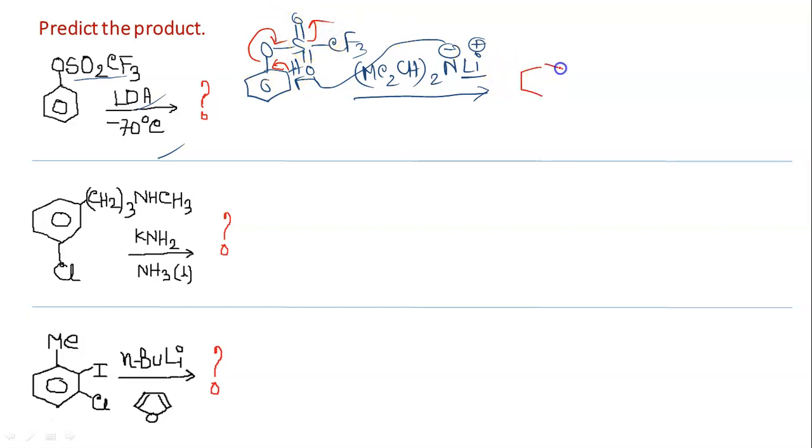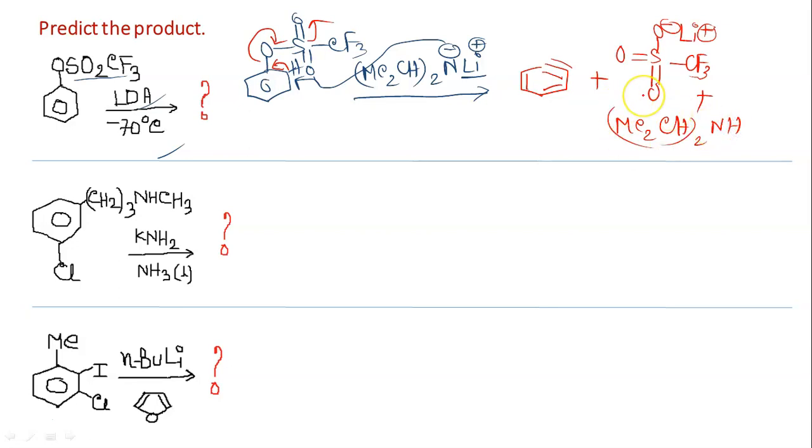So finally what we are getting, there is a triple bond and OSO2CF3 minus, and lithium will be remaining here as counter ion, plus (Me2CH)2NH, that is, sorry, it is simply diisopropylamine. Okay, so these three are the products we are getting.